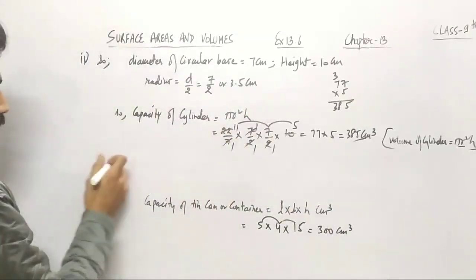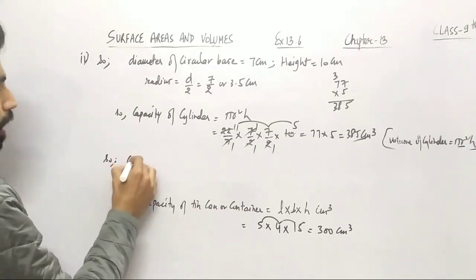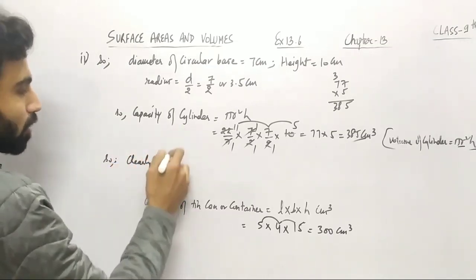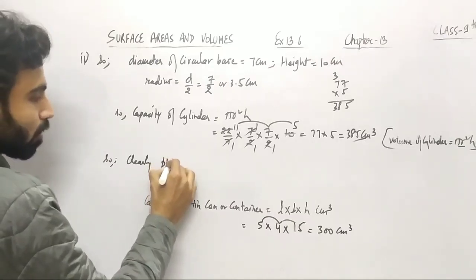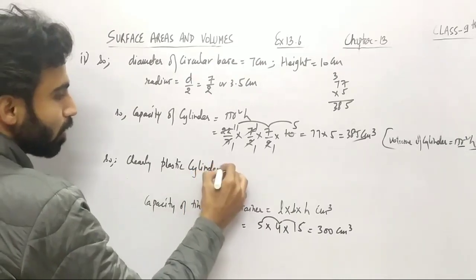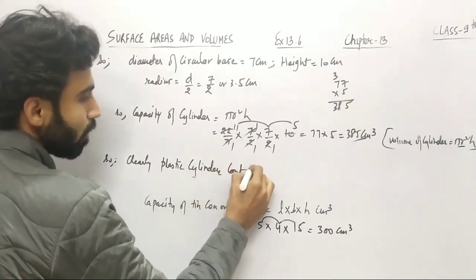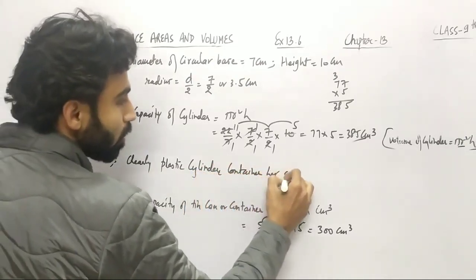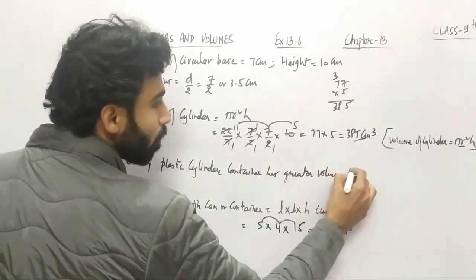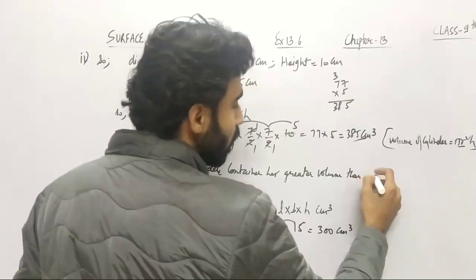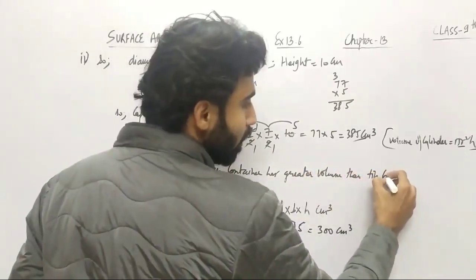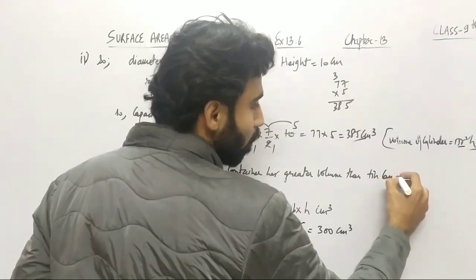So you can see here that clearly this plastic cylinder container has greater volume than, what was the previous one? The tin can, right? The tin can or container.